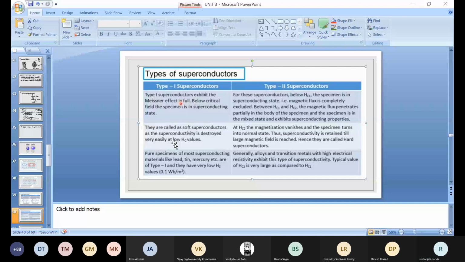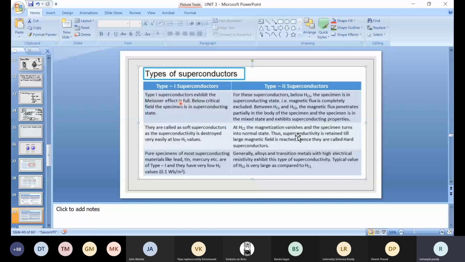But for type 2 superconductor, the superconducting state doesn't go very easily unless we increase the magnetic field above the upper critical field. That is the difference.